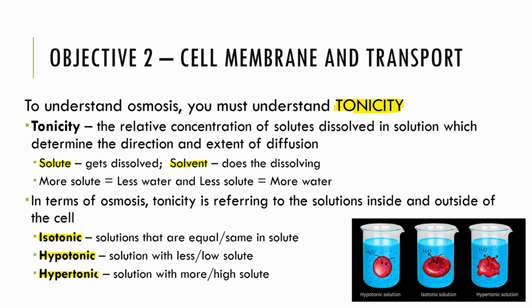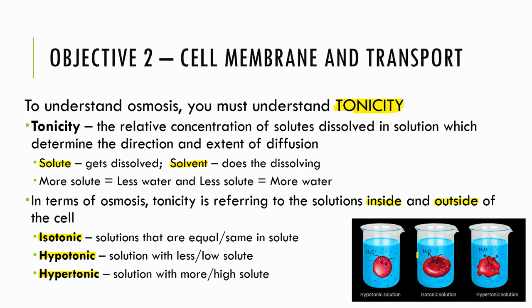iso, hypo, and hypertonic. Now, one thing you need to understand is that these terms are always being used when we have two solutions. In the case of a cell, our two solutions are going to be the inside environment and the outside environment.